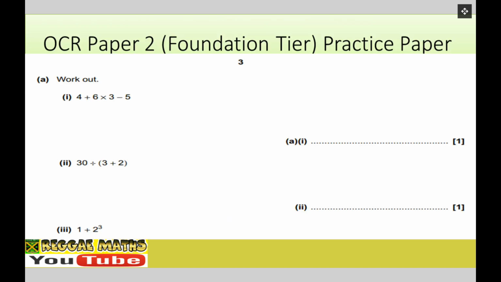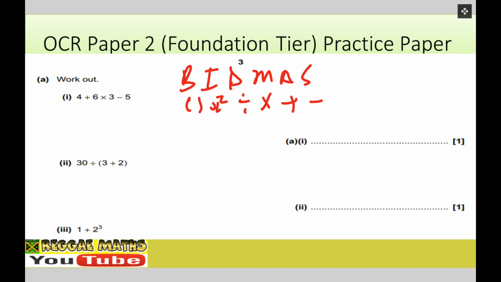Next, straight away you can see we are dealing with BIDMAS. So brackets, powers, indices, division, multiplication, addition, subtraction. You look carefully and see what you have to deal with first.